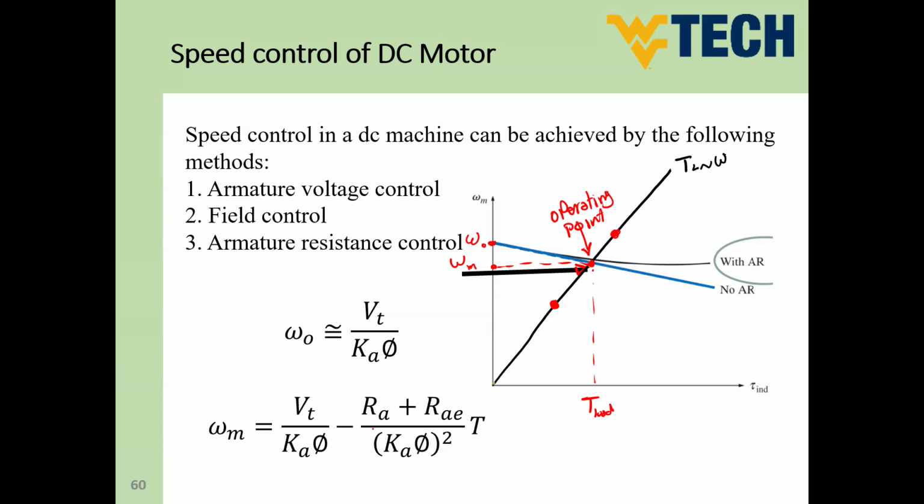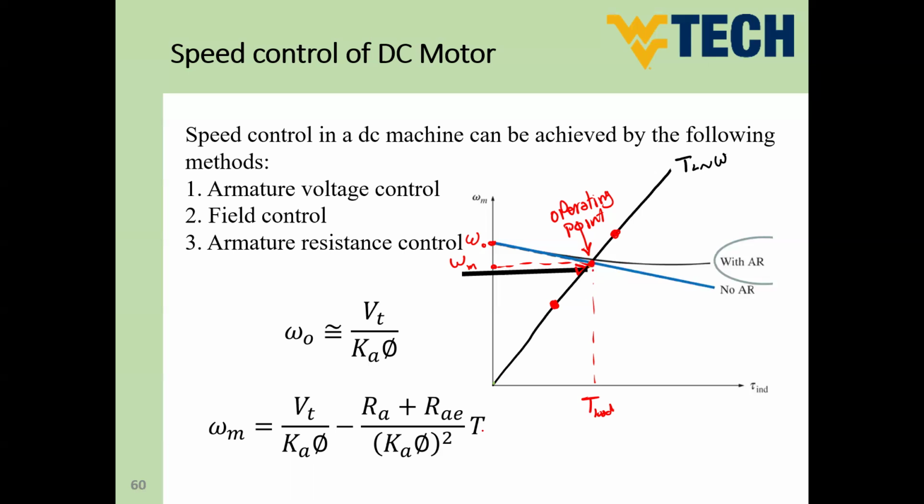If you have a look at the speed equation, you will find that omega m equals Vt divided by Kfi, minus armature resistance plus rheostat resistance divided by Kfi square times torque. Torque is not a parameter that we can use in order to control.